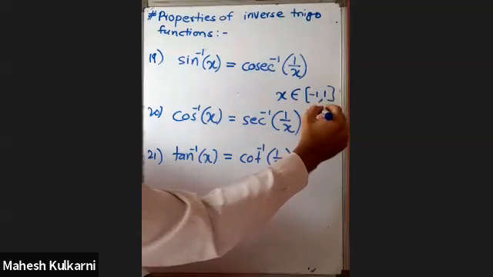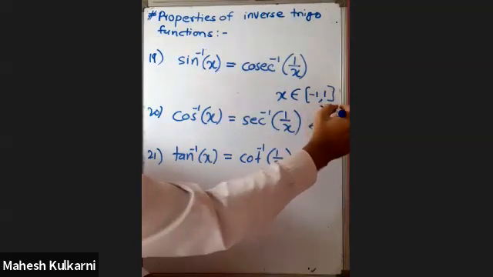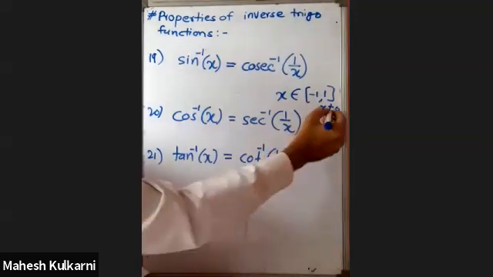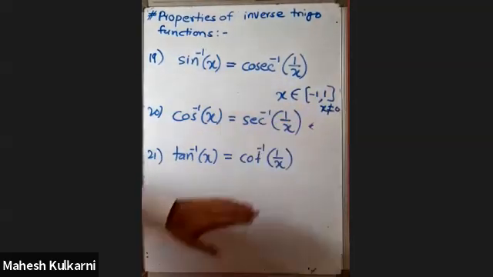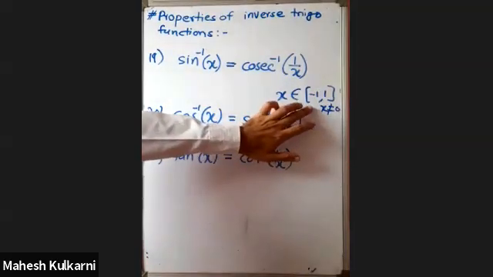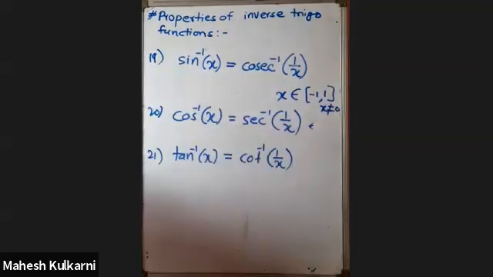So in addition to this, you have to consider the condition x not equal to 0. X should not be 0, because if you take 0, then cosec is not defined. So these are the properties of inverse functions related to reciprocals.